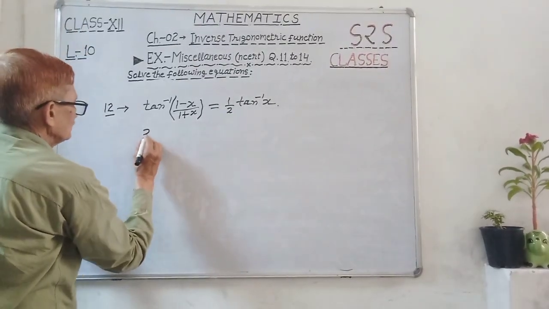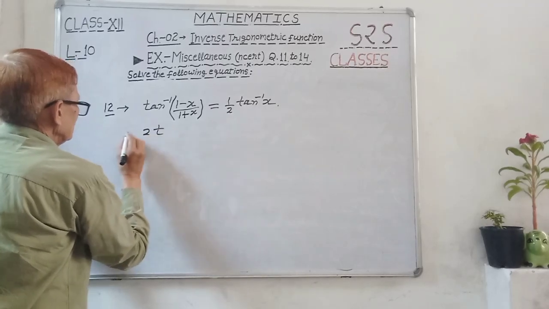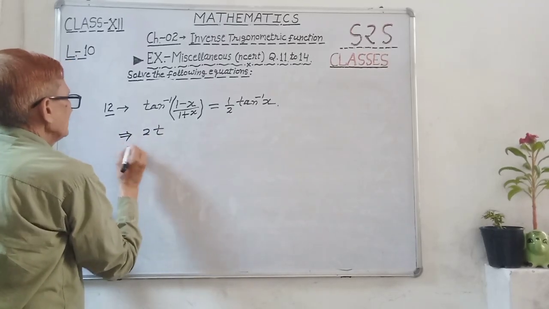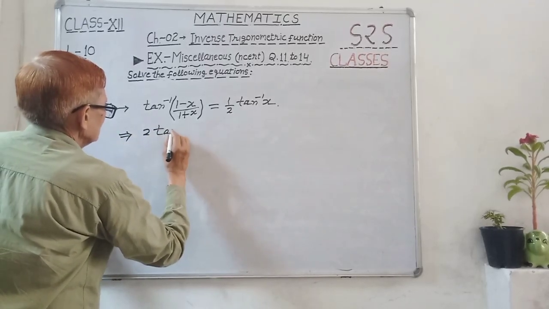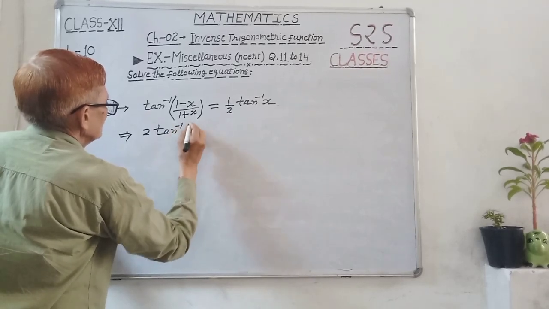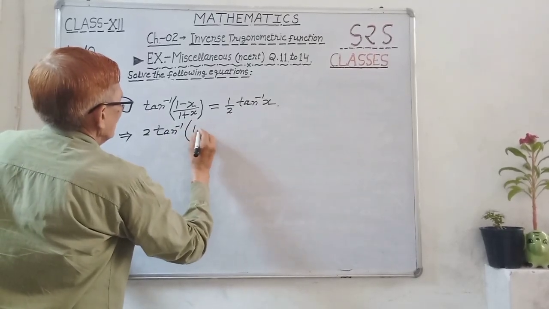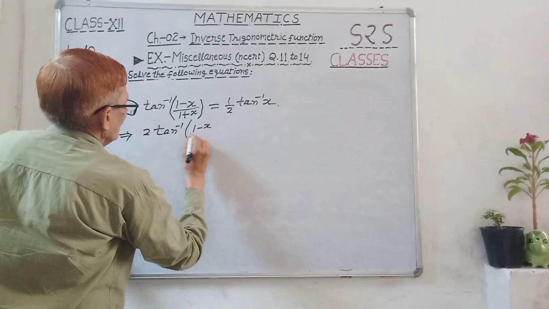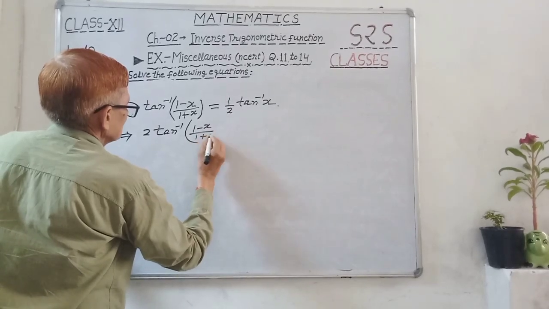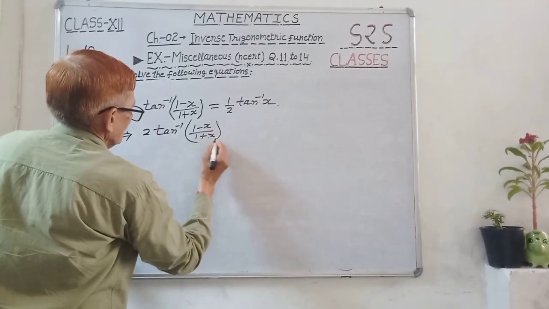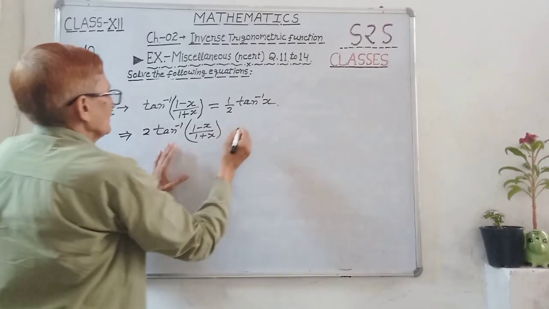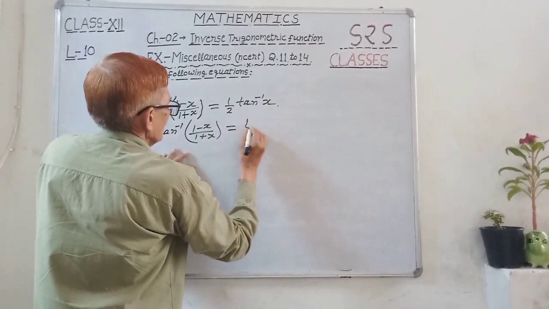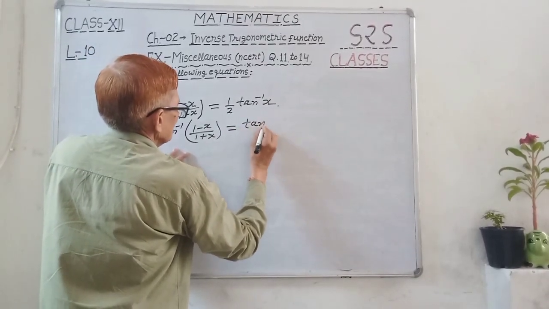I am taking the 2 to this side: 2 tan inverse (1 minus x upon 1 plus x) is equal to tan inverse x.